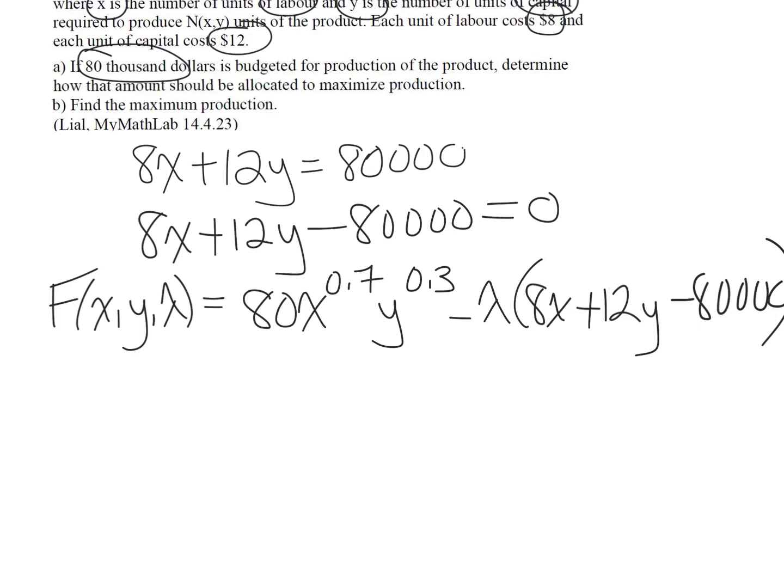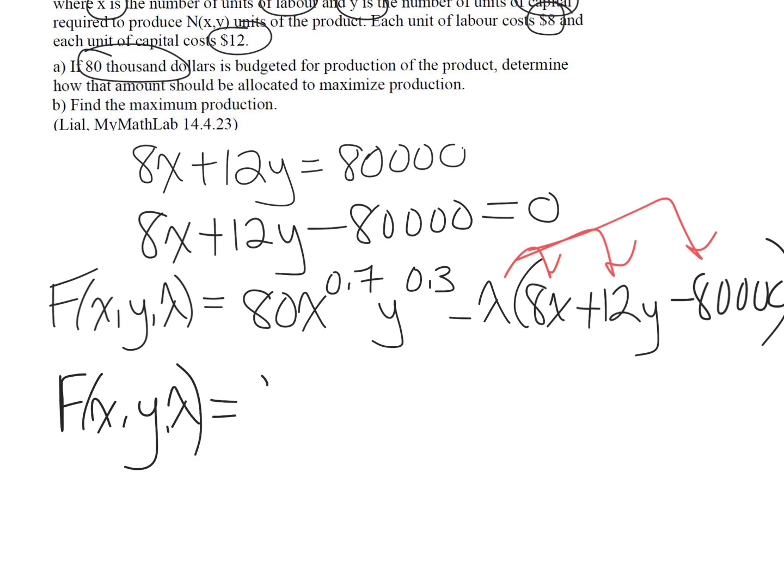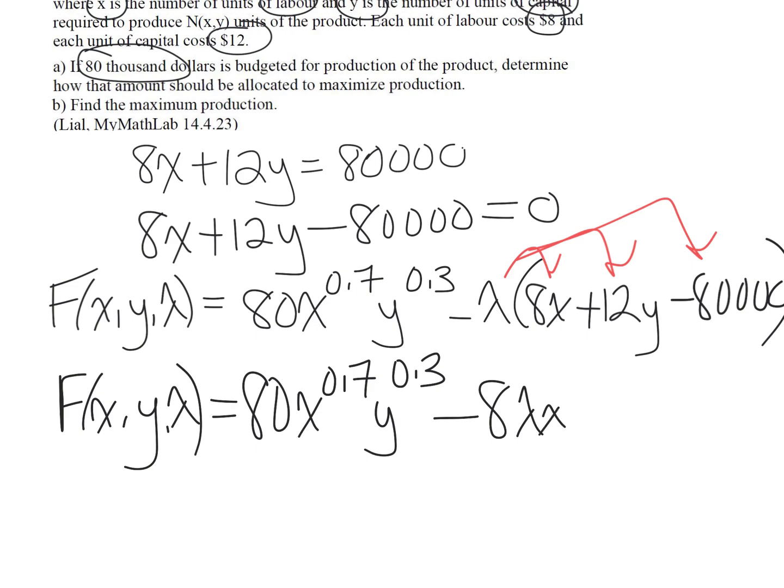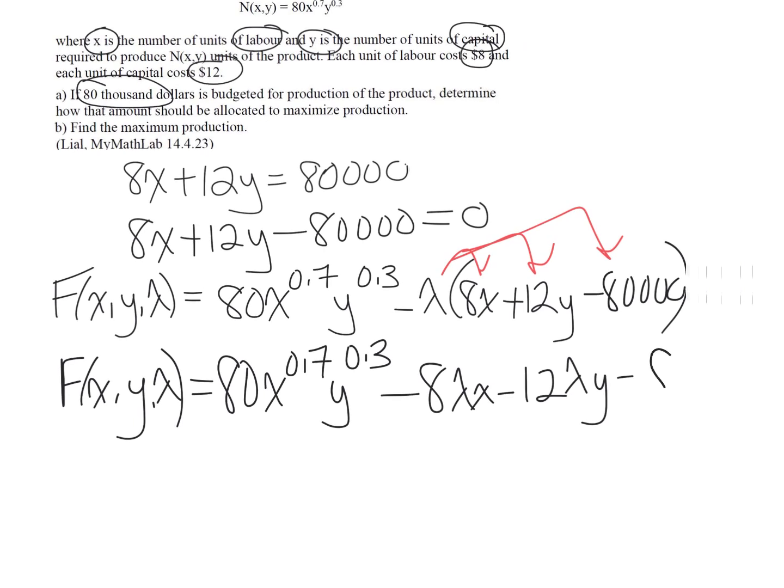Expand the bracket down here, remember? Okay, now we've got a few more things to remember. Minus 8 lambda x minus 12 lambda y minus 80,000 lambda.